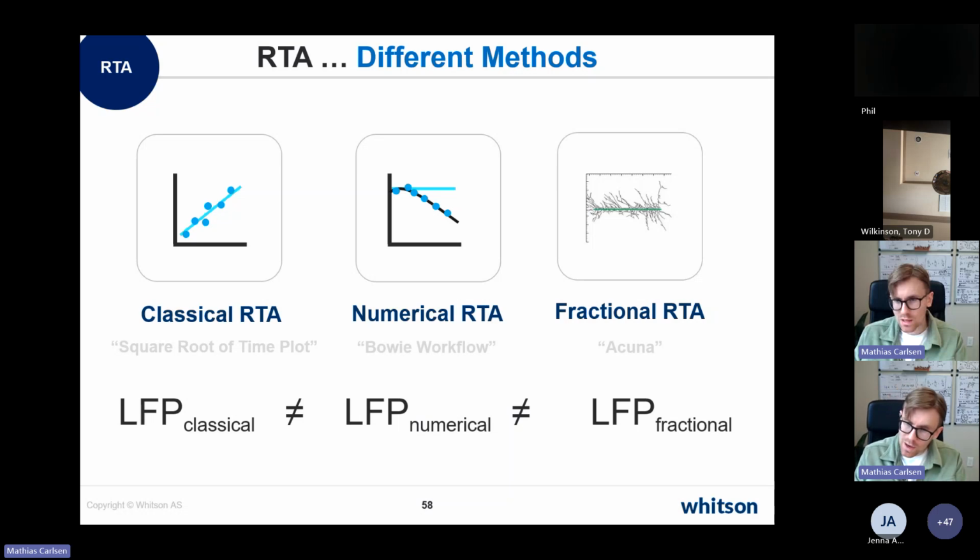So when it comes to comparing different outputs from these methods, you can do all of them, but make sure that when you compare A root K from classical RTA, you compare it with A root K from the other wells on a consistent basis, such that you don't mix and match too much, because there are good reasons why they are not the same. But they can still extract value from all the parameters.